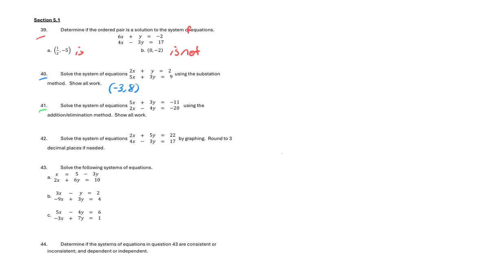Solve the system of equations using the addition/elimination method. Show all work. So we have 5x plus 3y is equal to -11, and 2x minus 4y is equal to -20. You can see that we have opposite signs on our y's already.